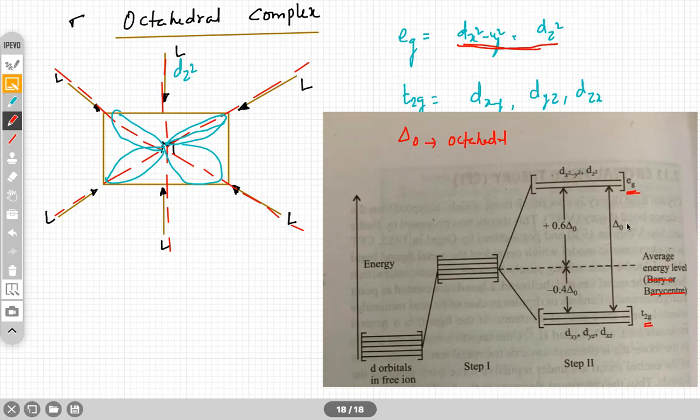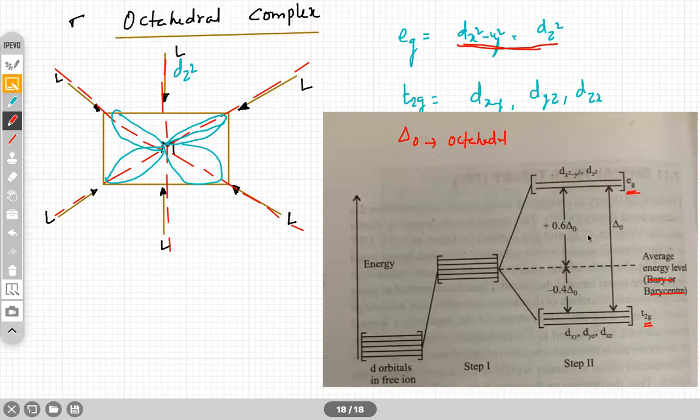Listen to me very carefully. Whether this distribution of electrons follows Hund's rule or not depends upon the nature of the ligand. If the ligand is strong, then this splitting will be high, and the difference of energy between the two sets of orbitals will be more. If the difference of energy is more, then the distribution of electrons does not follow Hund's rule; we pair the electrons up, 1, 2, 3, 4, 5, 6, 7, 8, 9, 10.